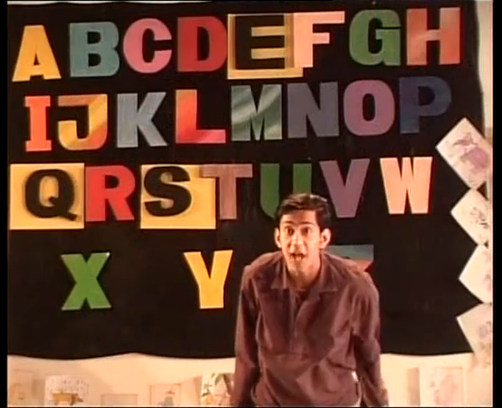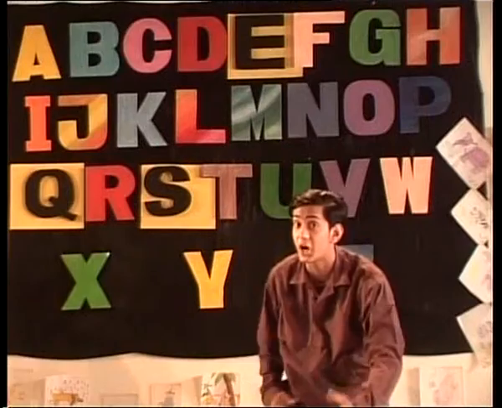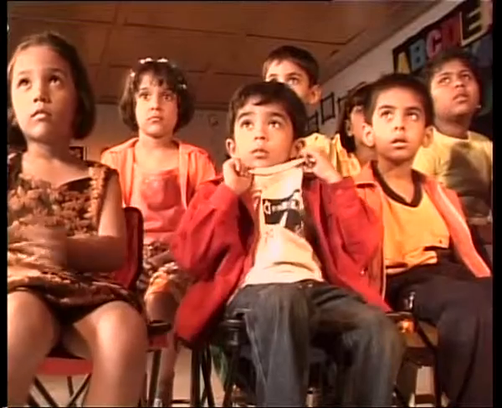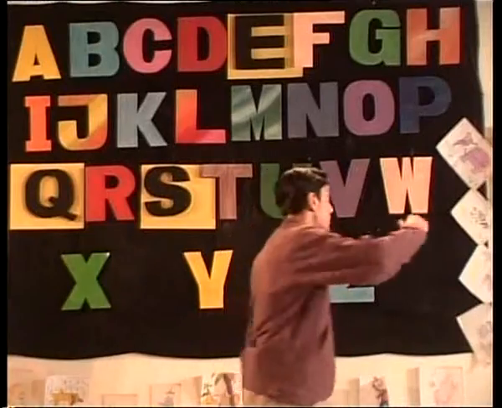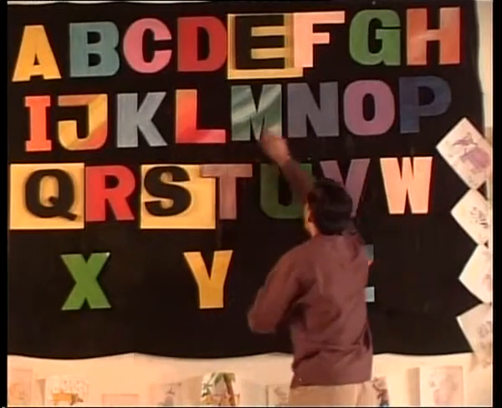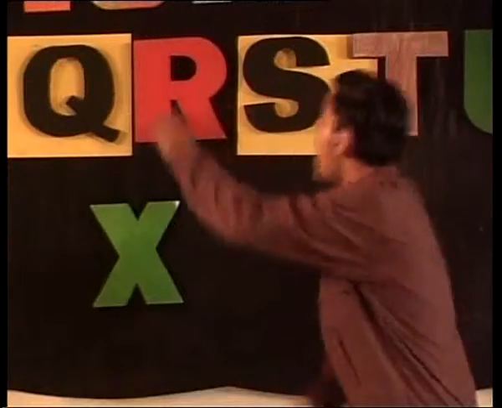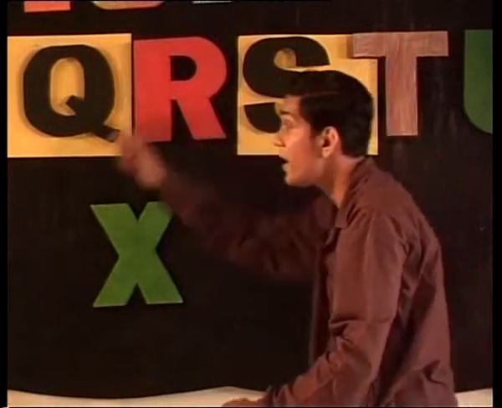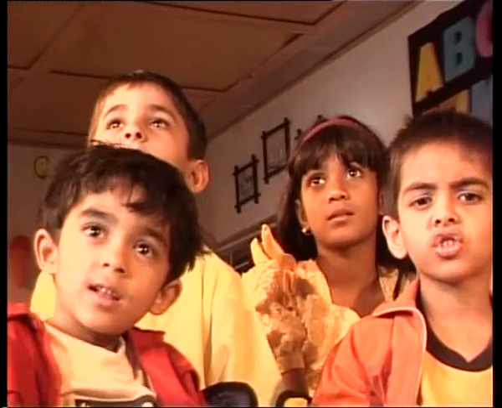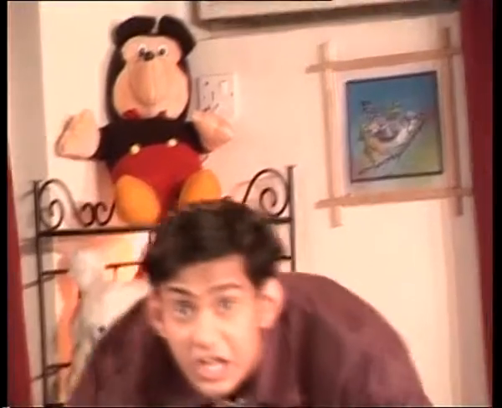Okay kids, now let's see what comes after Q. So let's find out. L, M, N, O, P, Q, R. After Q comes R. So kids, let's see how to write R. Now I will show you how to write R. So watch me carefully.